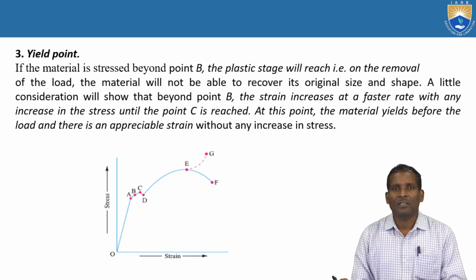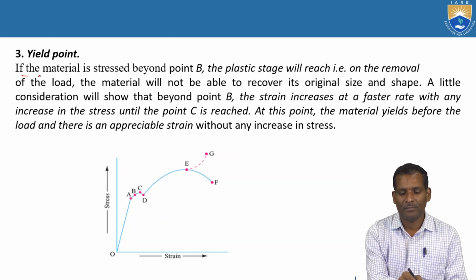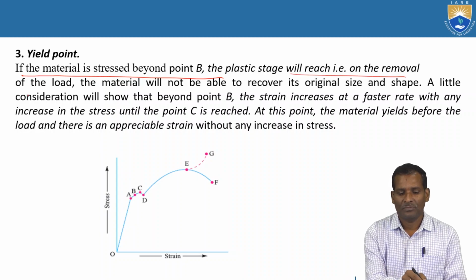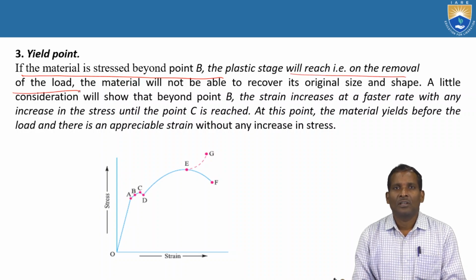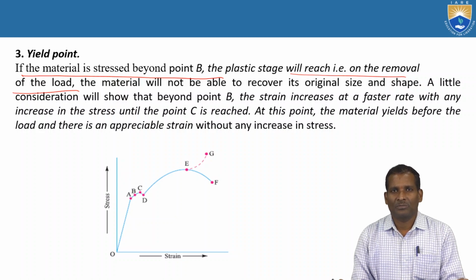Next, the third one, yield point. After point B, if the material is stressed beyond point B, the plastic stage will be reached, that is, on the removal of the load, the material will not be able to recover its original size and shape.